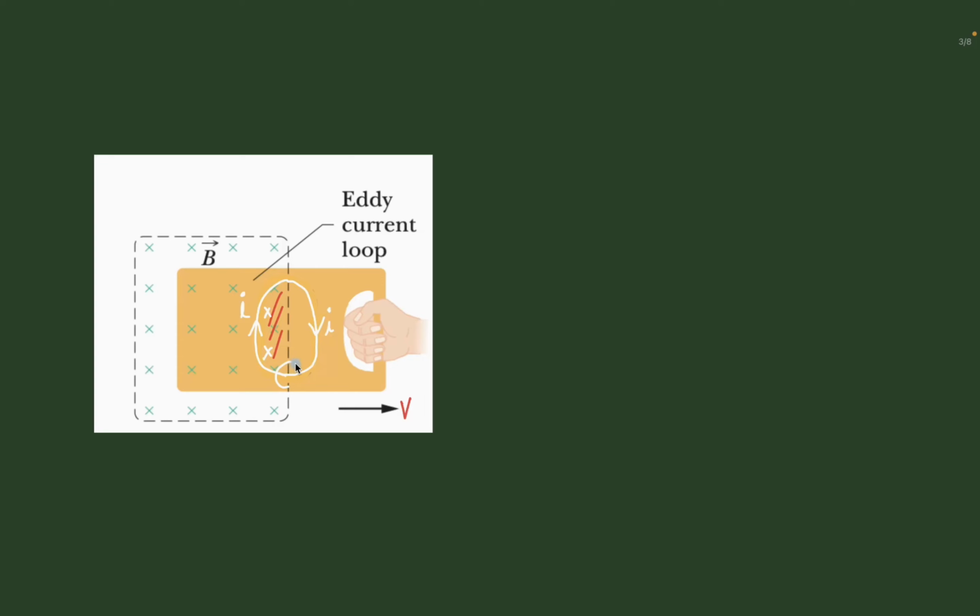We can have a very small loop of current also, but the condition is the current in the section on the left side of this dotted line should be going upwards. So anywhere on the sheet there must be some current going in the upward direction, which completes the loop in the region where there is no magnetic field at all on the outside part, and it will complete the loop by joining. So we will see one more example to understand it more clearly.